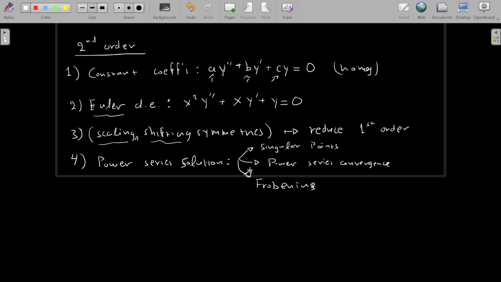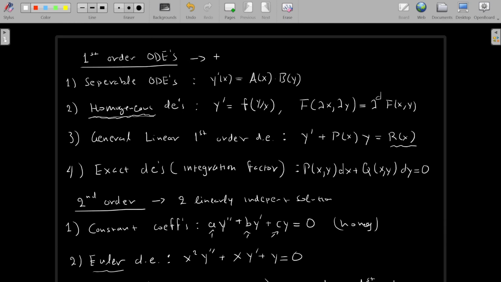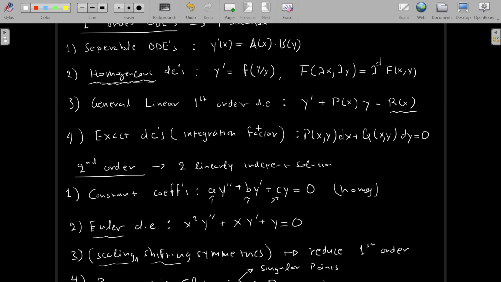And when it works, it really works. I mean, it's a very profound way of dealing with second order solutions. And we also check linear independence, because when you have a second order solution, you would expect two linearly independent solutions, whereas in first order you only expect one solution.